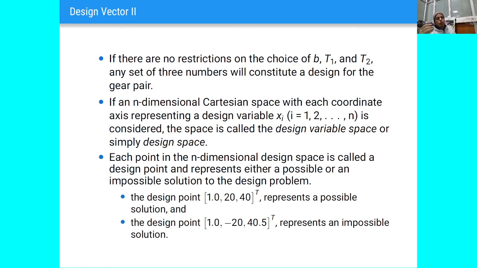So we may give certain values that the number of teeth should be minimum 20, but it should not be more than 100, because 100 is also a possible solution. But cutting 100 teeth will require a lot of time, and it may be up to 200 also. But in that case, what is going to happen? The production time for that particular gear will also increase.